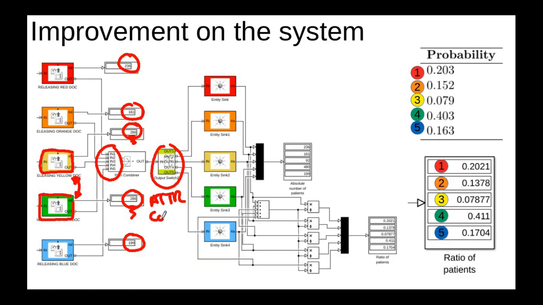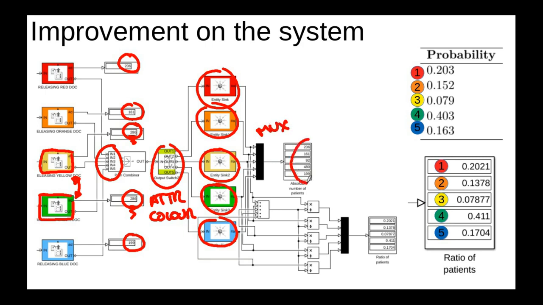Which attribute? Again, color. And now here I put an entity sink for every severity for the patients, every color, every attribute. Finally, I put here a multiplexer in order to show all the numbers, and these are the real numbers.